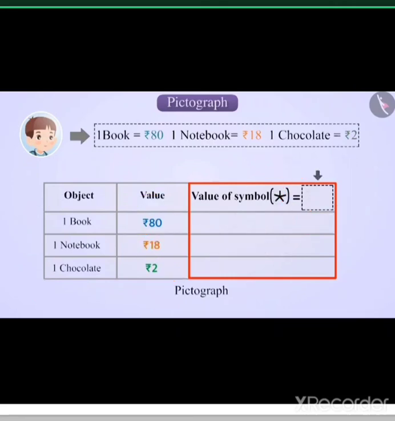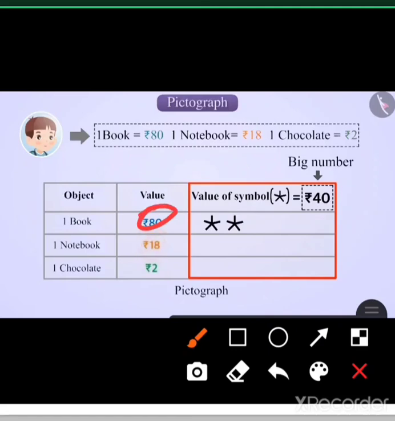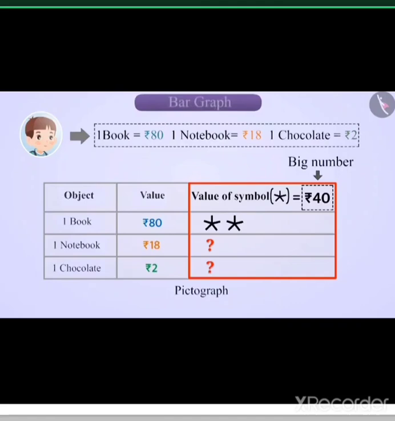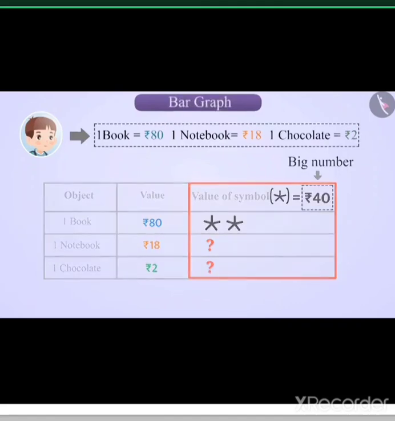If we take the value of the symbol as rupees 40, that is a big number and it is easy for rupees 80, but it is not possible for 18 and 2. Then what will we do? We cannot draw a pictograph here. So in place of a pictograph, we will make a bar graph.